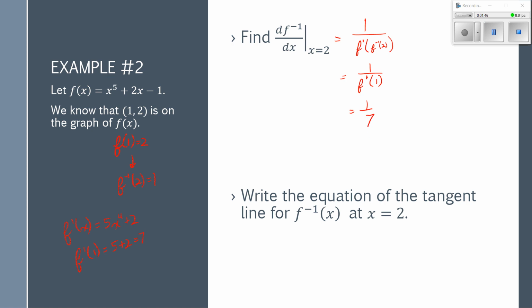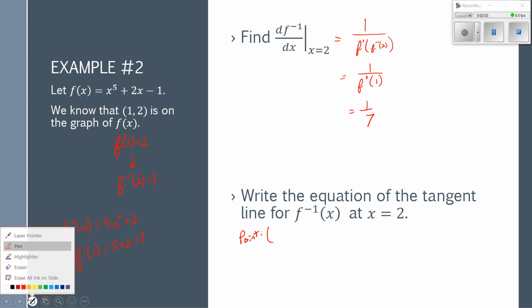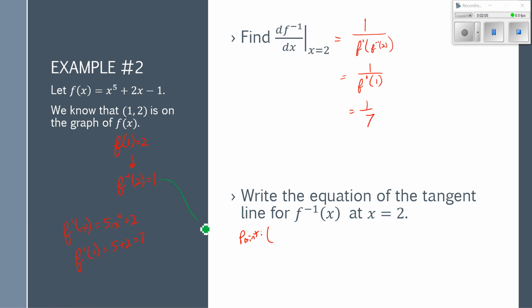Well, then, to write the equation of a tangent line, I need two things because it's a line. Since it's a line, I'm going to use point-slope form, which means I need a point and I need a slope. So for the point, I'm told the x is 2, but I found over here that the y-coordinate for that is 1.